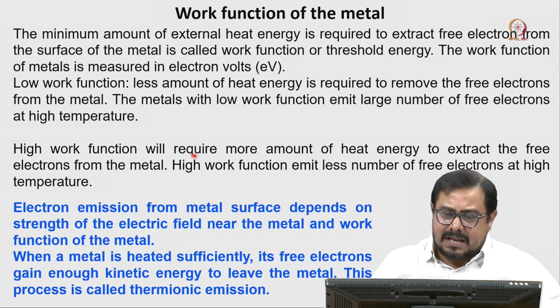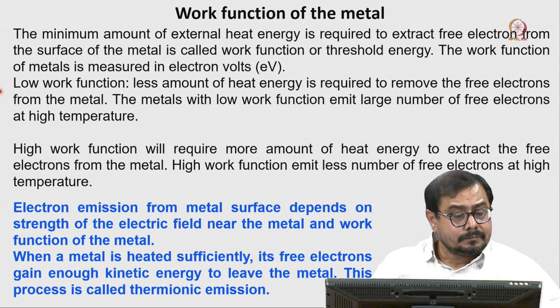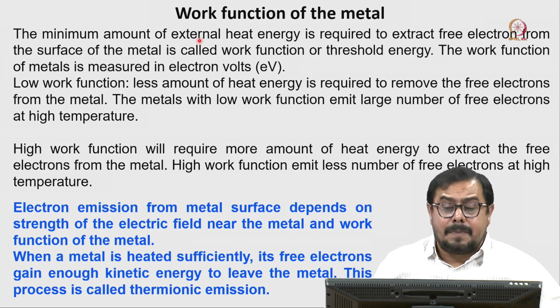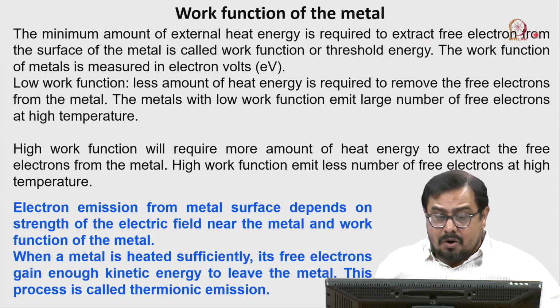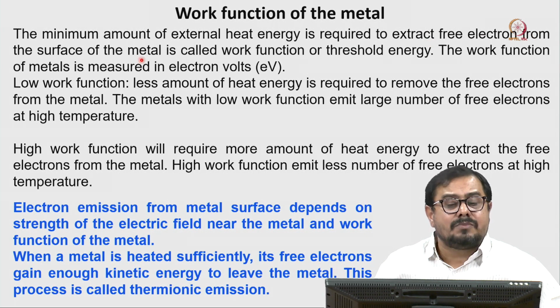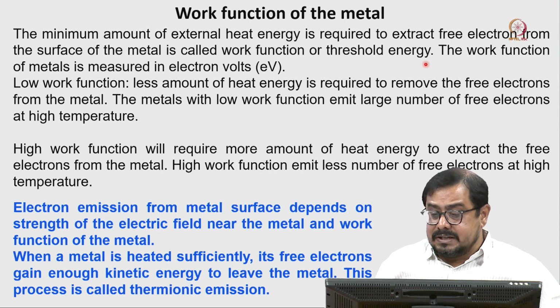Here is the definition of the work function of the metal. The minimum amount of external energy required to extract a free electron from the surface of the metal is called the work function or threshold energy.